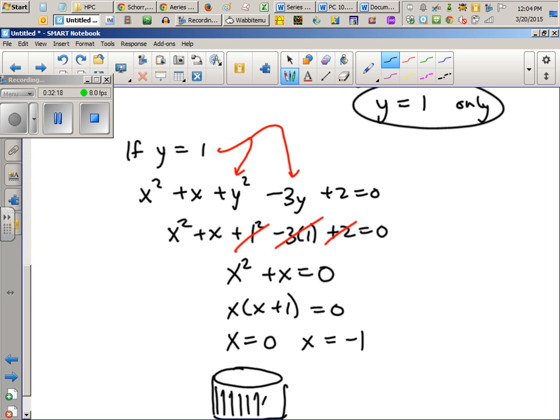So draw a trash can. Label it basura. Did I say it right? Nice. That is Spanish for trash. Thank you. Trash. Throw it away. We're just going to keep this answer. x is negative 1 when y is 1.